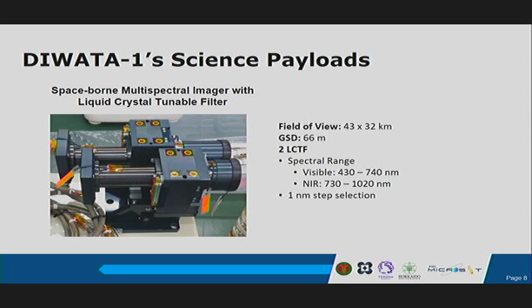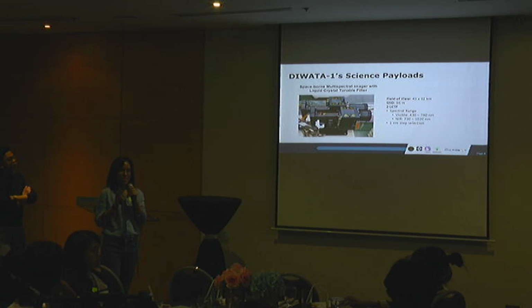Okay, so now I will further discuss 2 cameras, because Diwata 1, even though it has 4 cameras, the science payload, the science cameras, are 2, that is HPT and SMI. So SMI, again, I already mentioned the field of view, but what you can see here is it has 2 lenses for 2 CCDs and 2 filters.